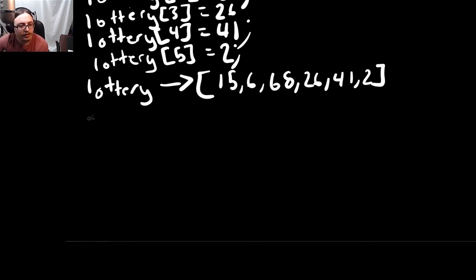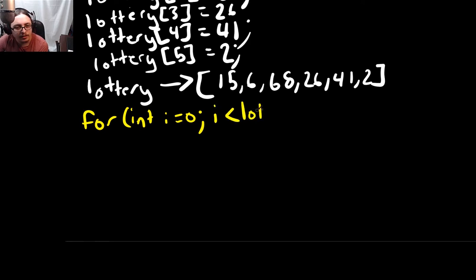So the benefit of something like this is you can create a loop. You could go something like for int i equals 0, i less than lottery.length, i plus plus.